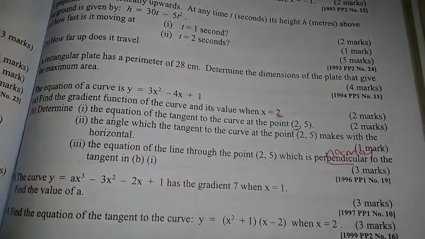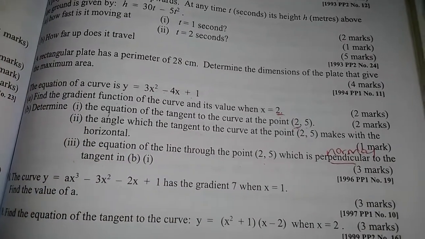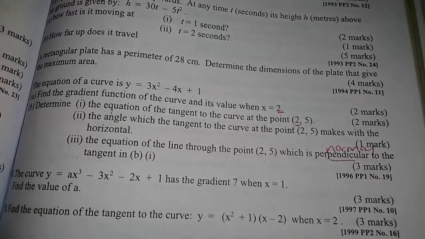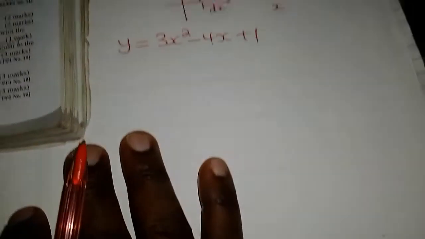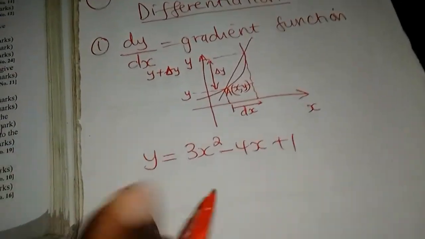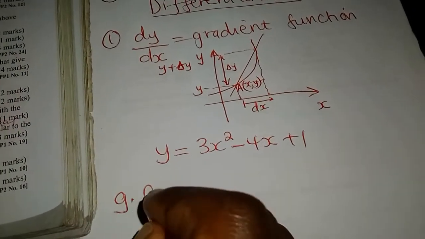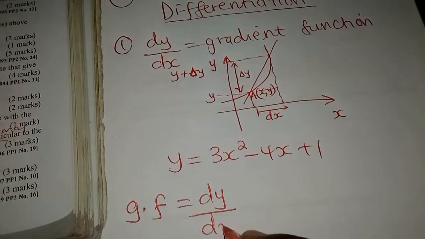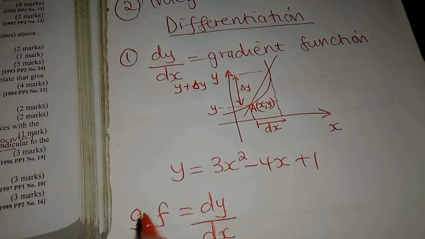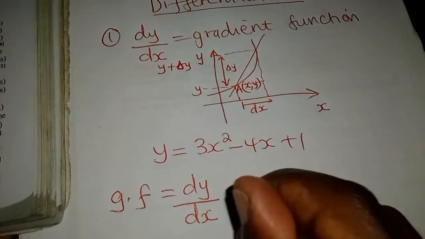So the question reads y equals 3x squared minus 4x plus 1. How do I get the gradient function of such a curve? The gradient function, or you can say dy dx, or change in y over change in x. How do I get this?